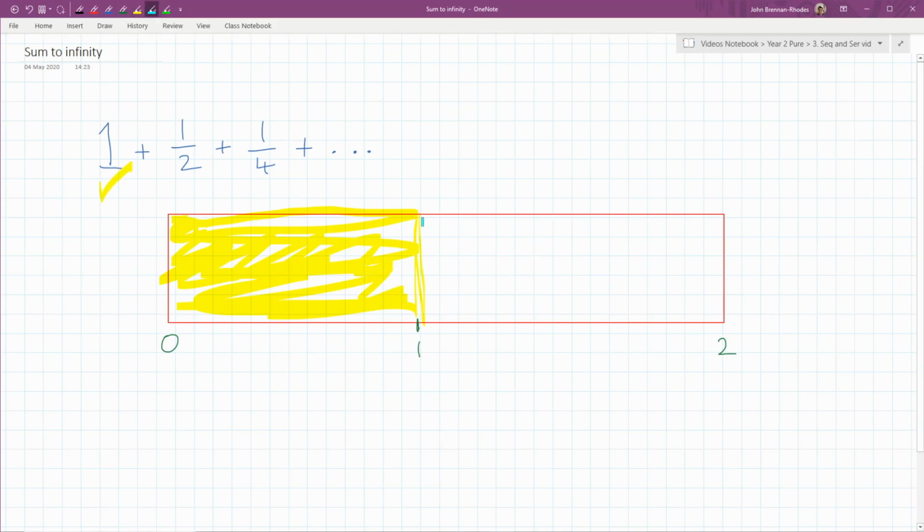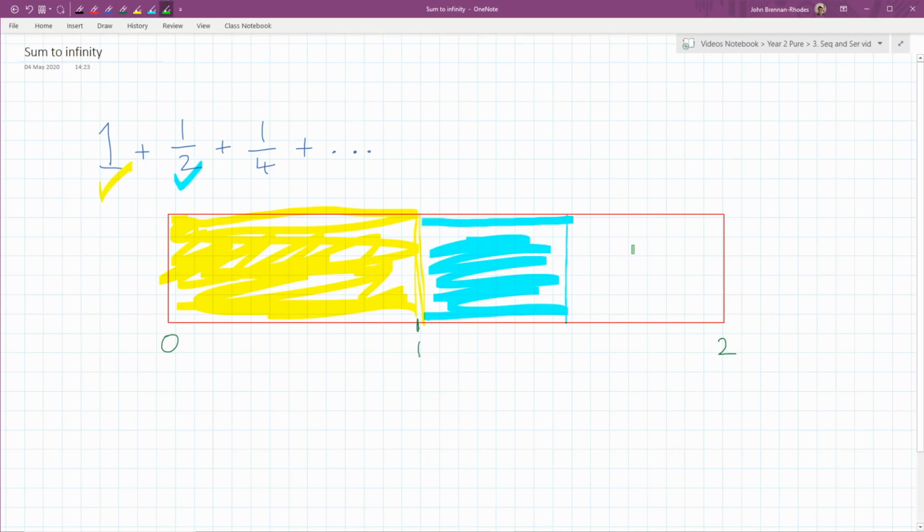Then I'm going to add a half, which takes me up to here. Then I'm going to add a quarter, which takes me up to 1 3/4. That's that bit. The next bit would be an eighth, which is this part. The next bit would be a sixteenth.